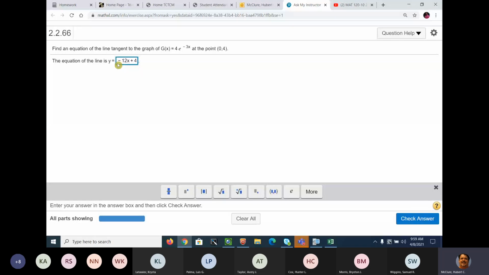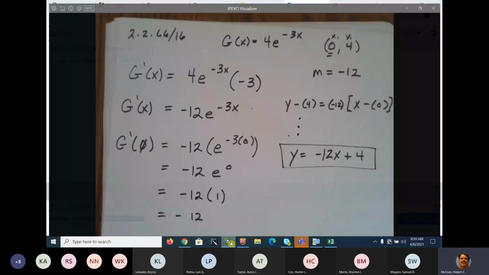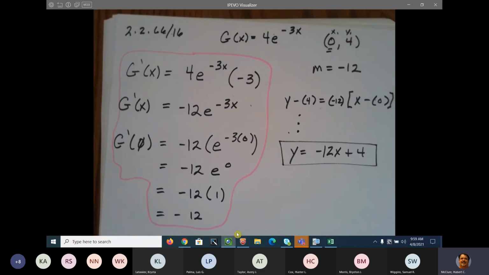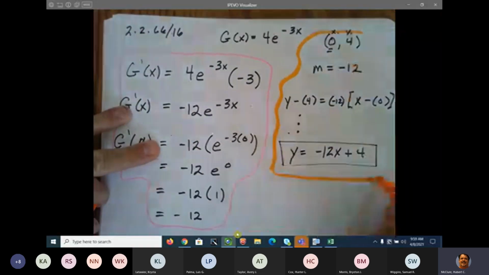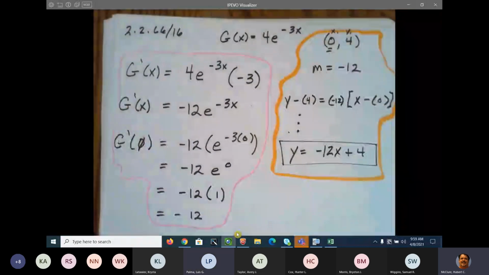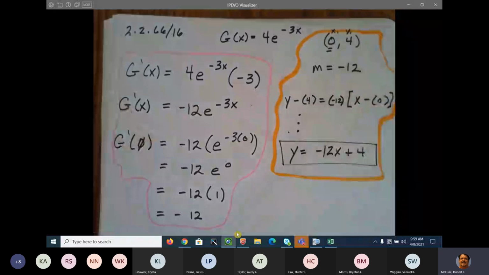I like these because what is this right here? Well, what have I got circled in pink? That's calculus. And then what do I have circled in orange? That's our algebra. That's why I like this problem.